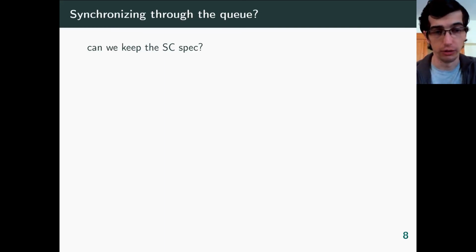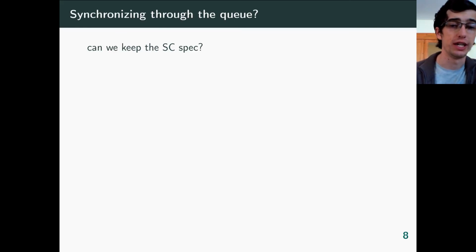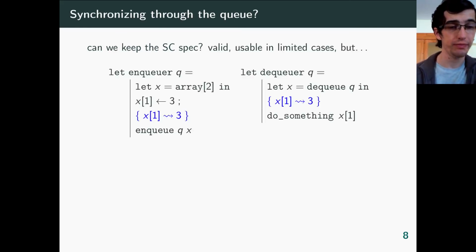Now, do we need any other modification to the previous spec? It is still usable in limited cases, but for the general case, it lacks thread synchronization. Let's consider an example. Thread A writes to some memory region, then enqueues a pointer to that region. Thread B dequeues the pointer. Now thread B expects to read the memory region in the state in which A has left it.